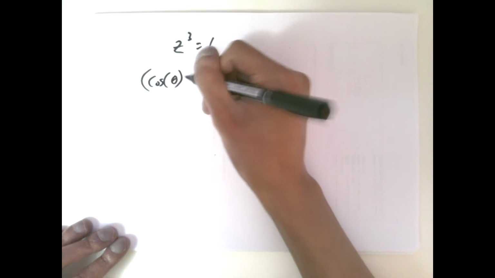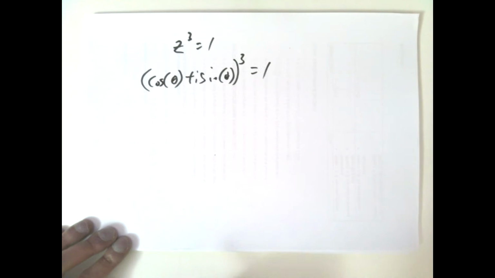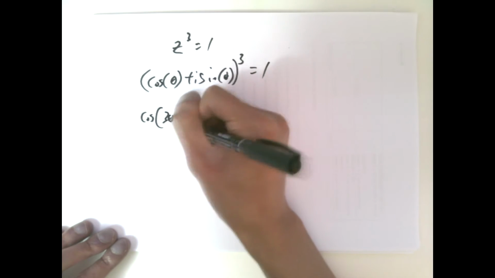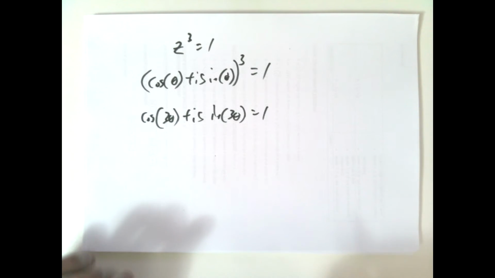In trigonometric form, the same cube roots of unity is going to be, by De Moivre's theorem, equating the real and imaginary parts.